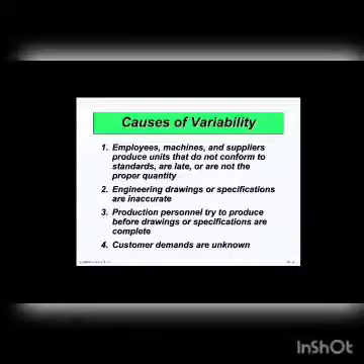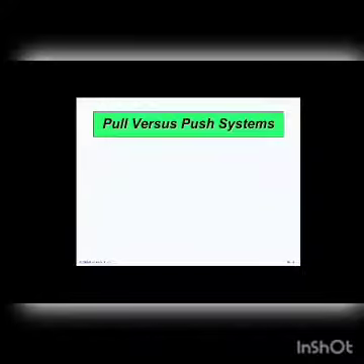Engineering drawings or specifications are inaccurate. Production personnel try to produce before drawings or specifications are complete. Customer demands are unknown. All these factors cause product variability or deviation from the optimum process. If we reduce all these factors, then product variability can be minimized.